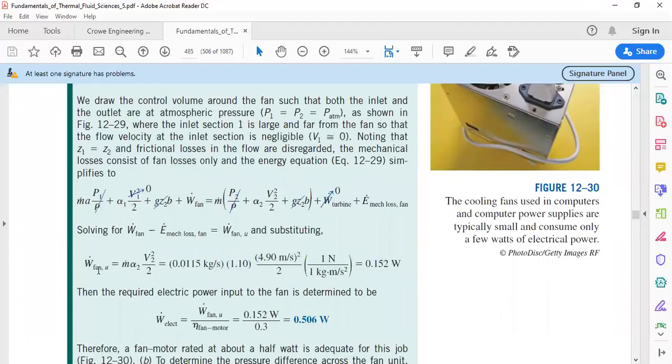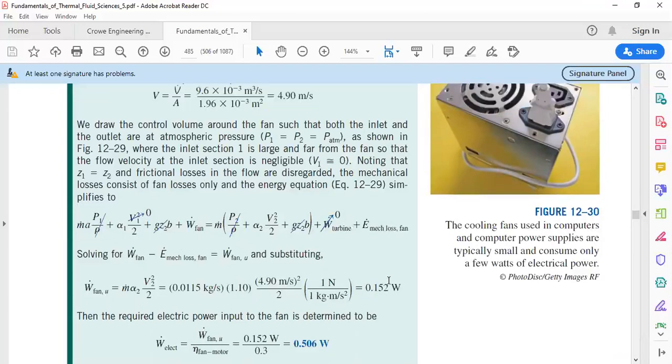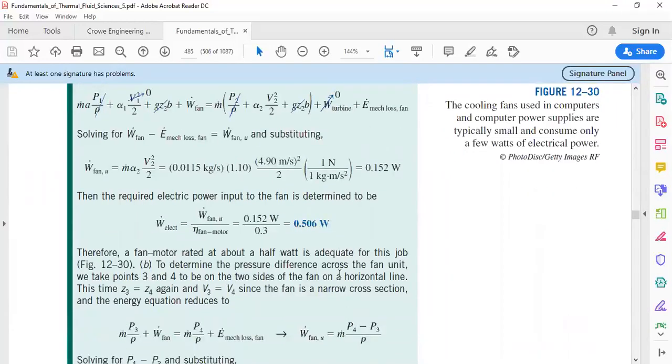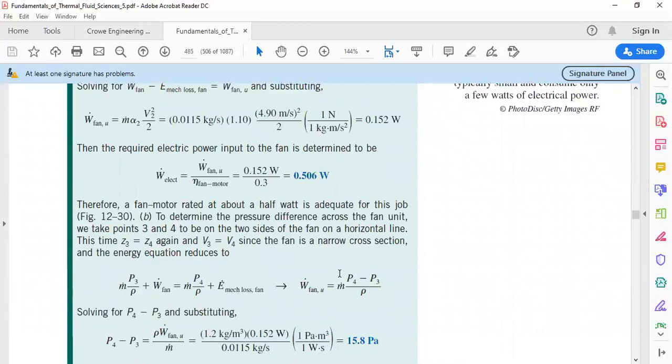So calculating for the useful fan power, which by bringing in here the losses in the fan, that gives us the useful fan power. Calculated, it equals 0.152 watts. Now, with the knowledge of the overall efficiency of the fan motor, we can calculate the electrical input power to the motor, and we find it equals 0.506 watts.